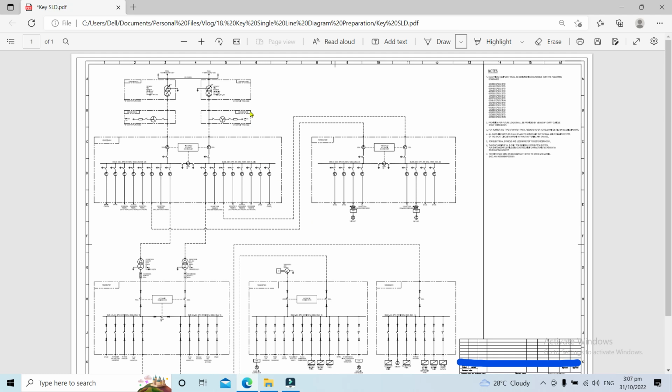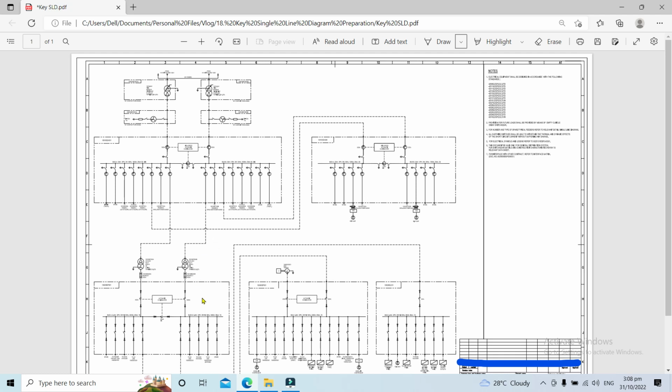So let's start from here. We have a step down transformer from 132 kV to 33 kV. Here we have two 33 kV switchgear. Downstream, we have a distribution transformer that steps down from 33 kV to 400 volts.